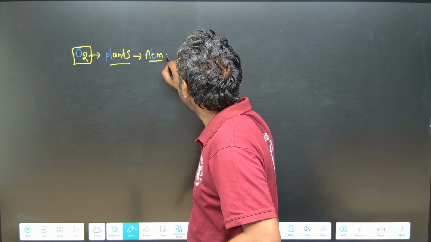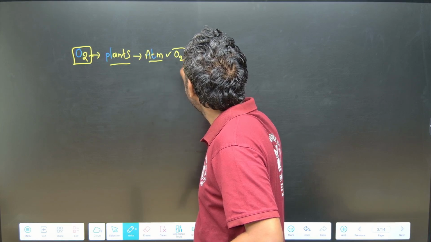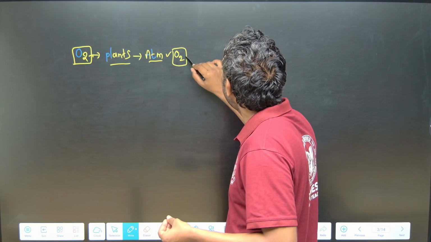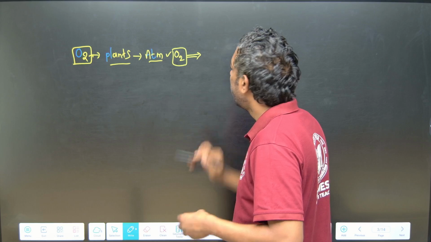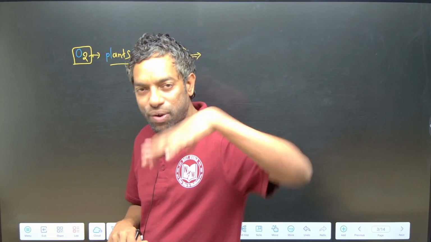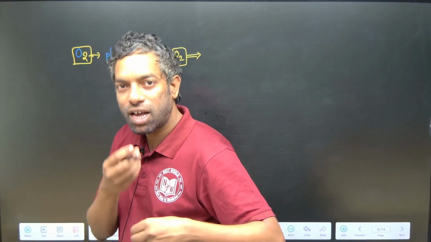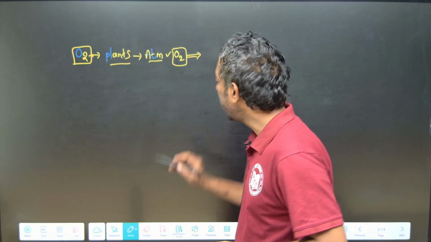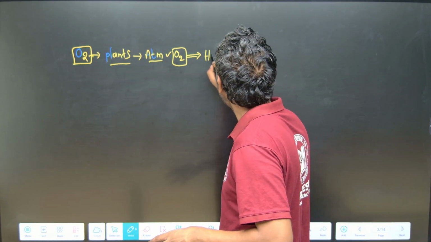In the atmosphere, there is oxygen generated by the plants. We can inhale this oxygen. Any animal or human can inhale the oxygen in the atmosphere.